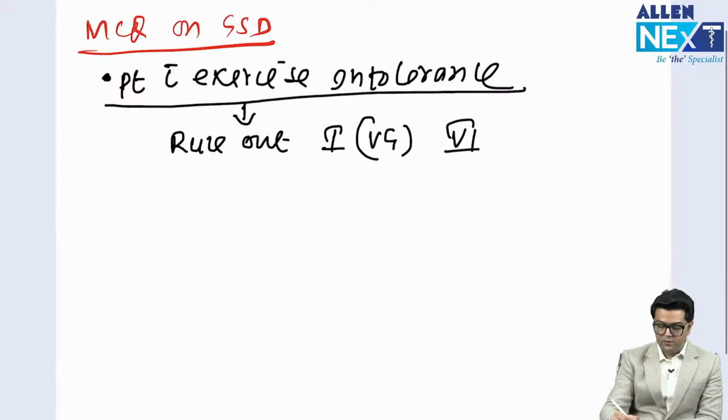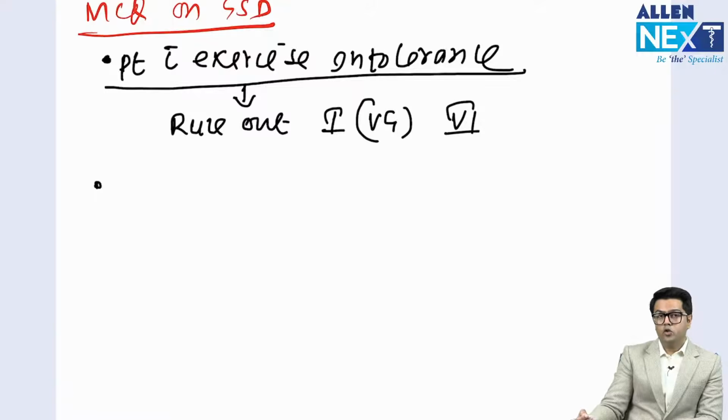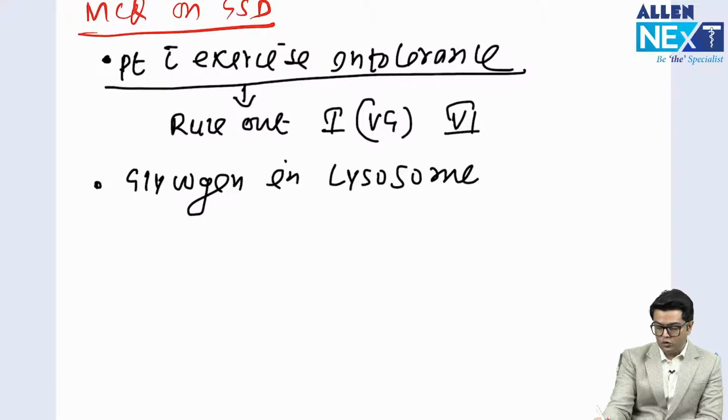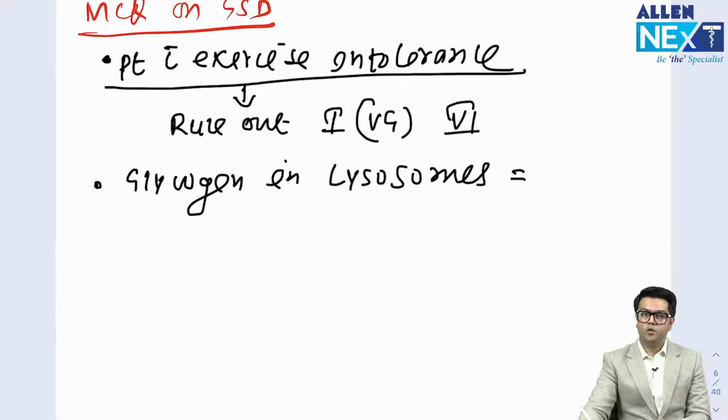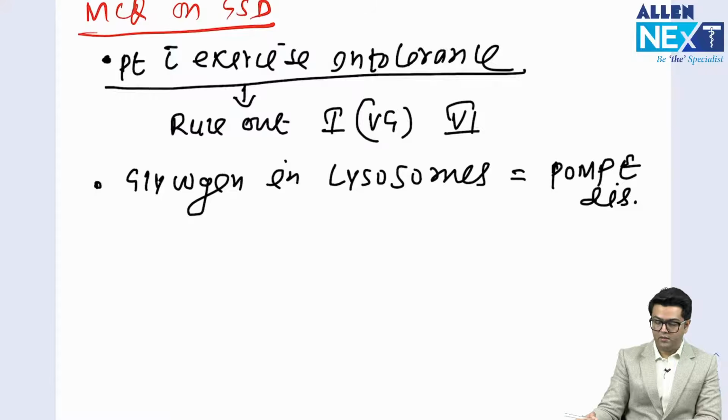Then the next point is that if glycogen is found in the lysosomes, then there is only one possibility, and that is Pompe's disease, fine, Pompe's disease, right?